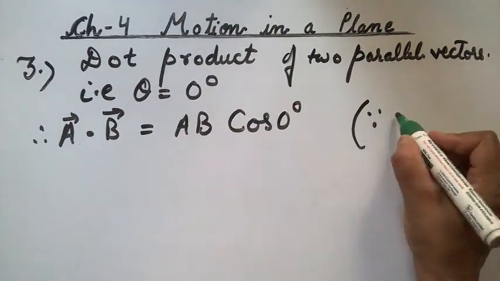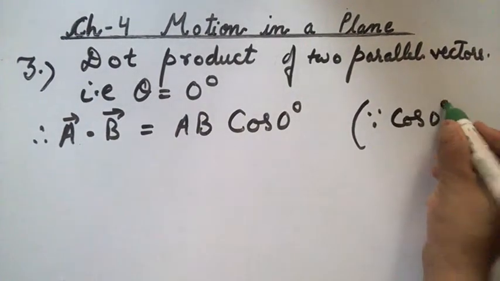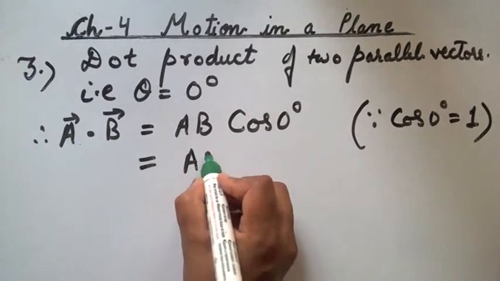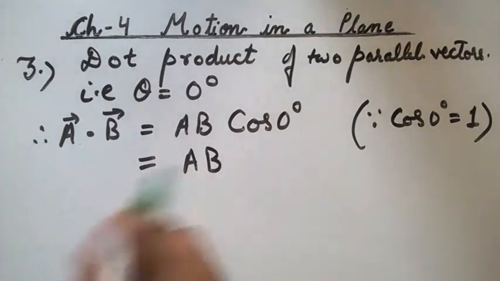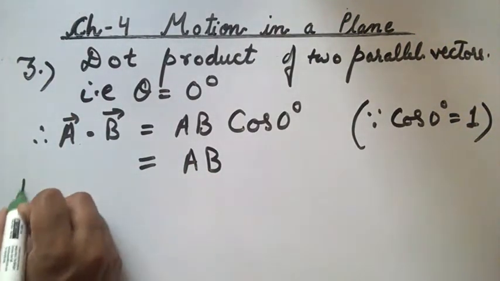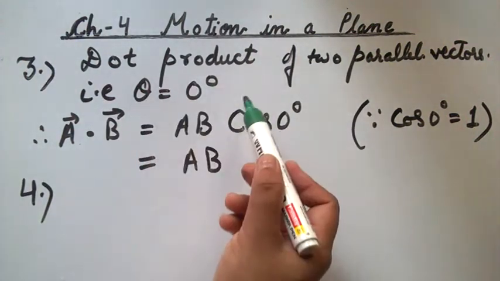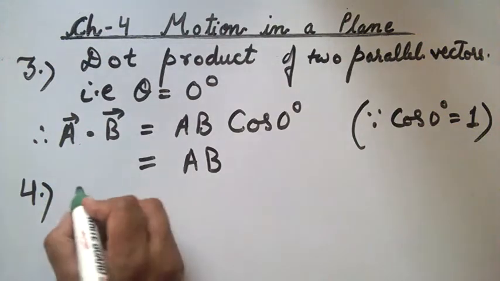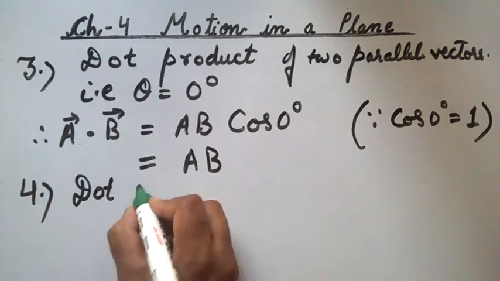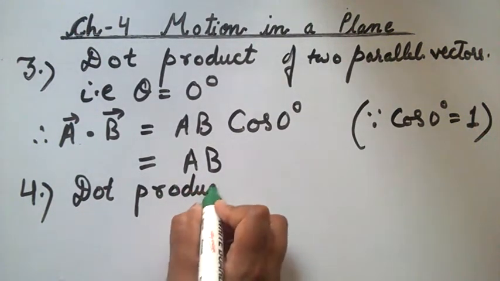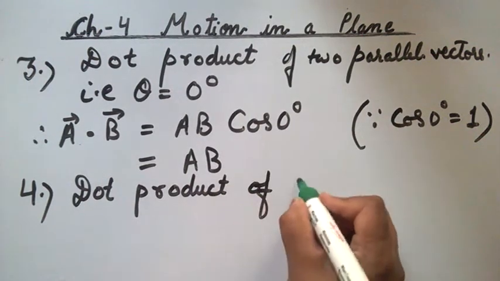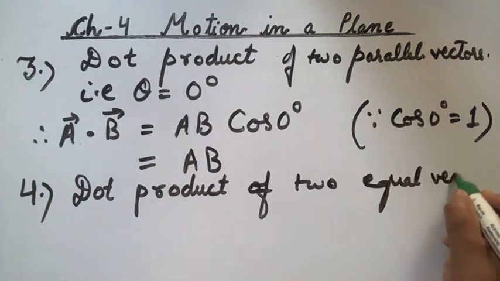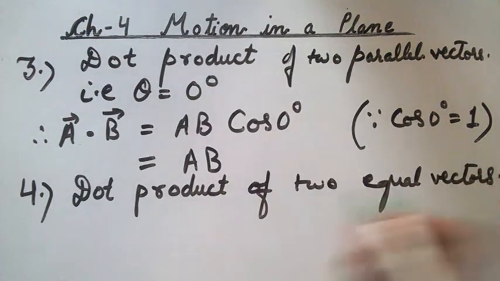Since cos 0 is 1, A vector dot B vector is the product of the magnitudes of the two vectors. And the fourth one is the dot product of two equal vectors, then also theta is 0.